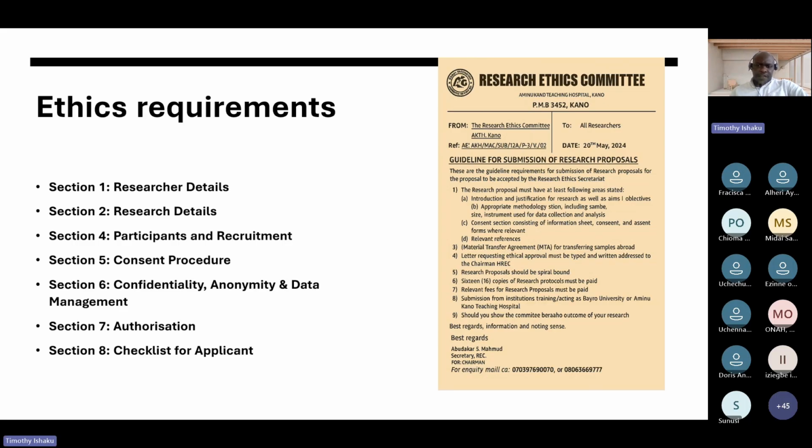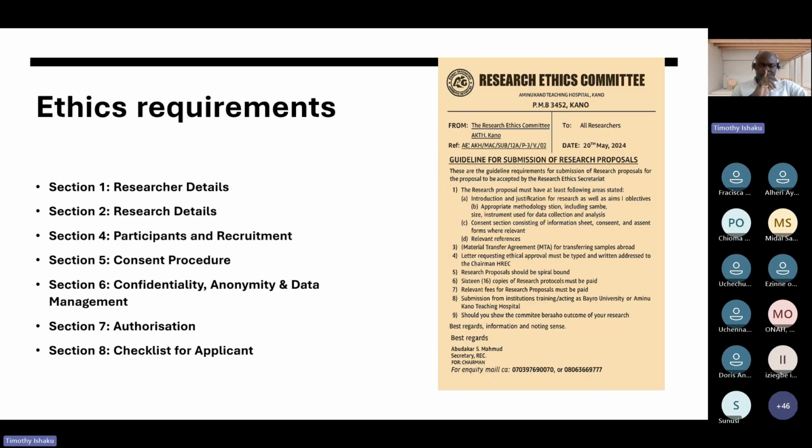It's common practice, and I remember we have to write a proposal before the data collection, bulky documents. From the ethics application here, it talks about a written proposal, spiral binding, 16 copies, and submitting it, all those processes. And that's my experience before.